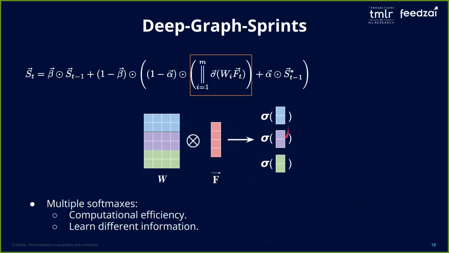Each one of these softmax functions is responsible for one part of the W matrix. This helps reduce the computational complexity of calculating the Jacobians during learning, and this technique also has the potential to learn different information per softmax.